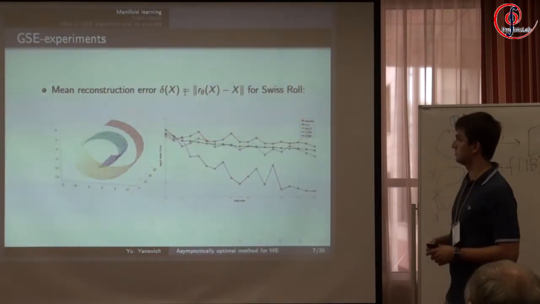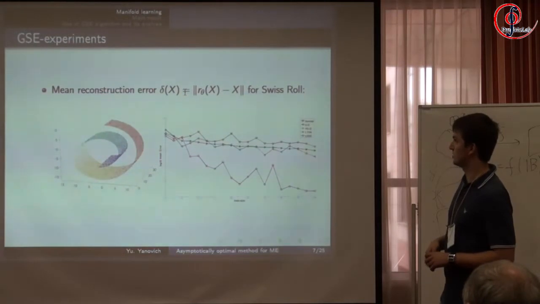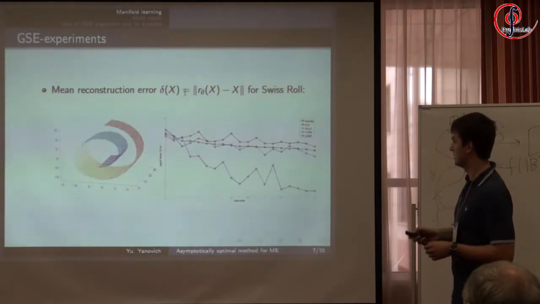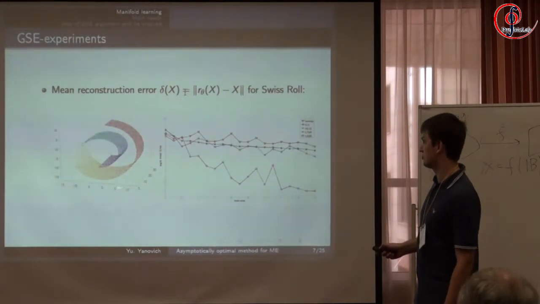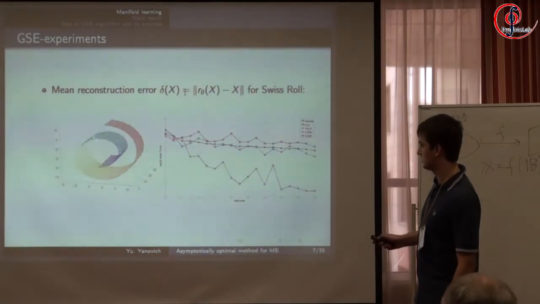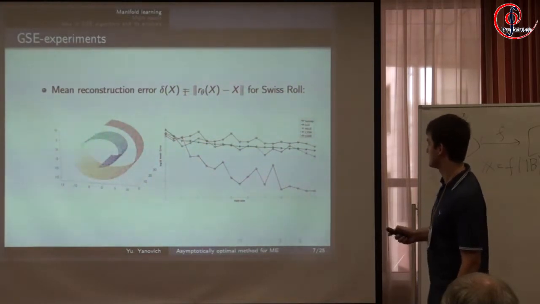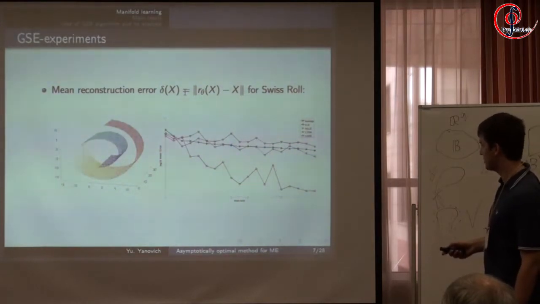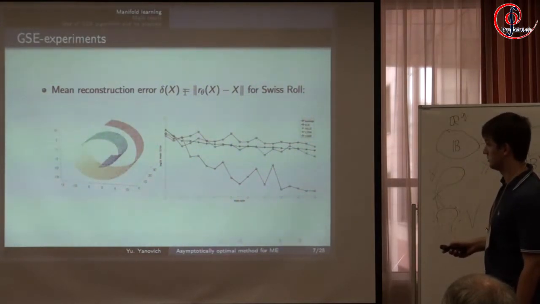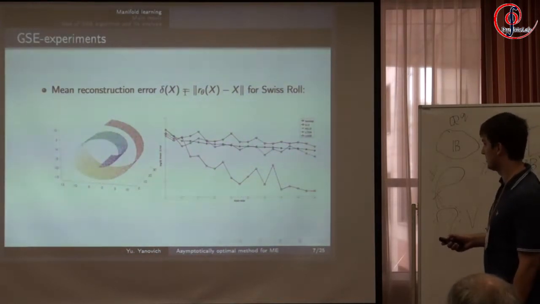Here is an example of numerical experiments with the GSE algorithm. Here we take a rather popular example in manifold learning called the Swiss roll. Here is the unknown manifold, an example of points on it, and here is the dependence of the log10 mean error on the training size.